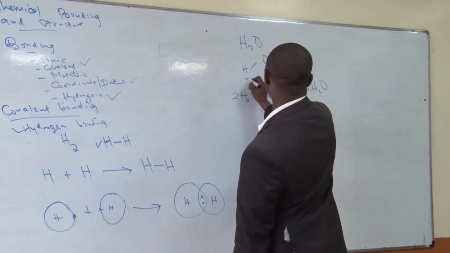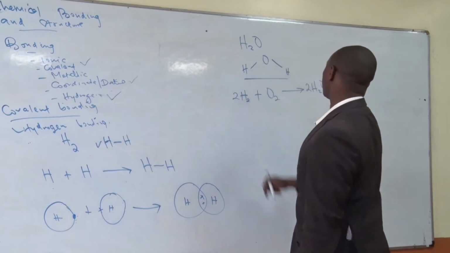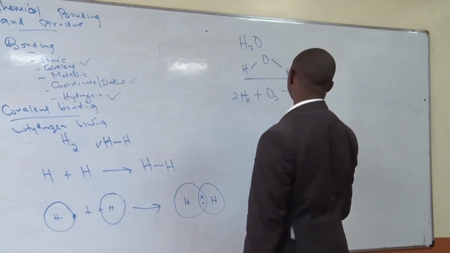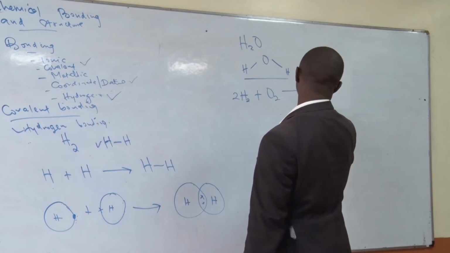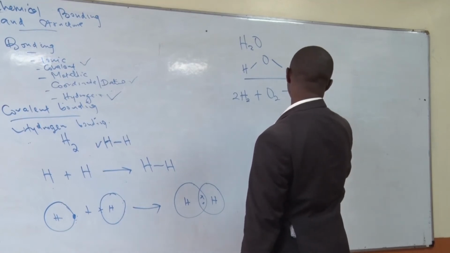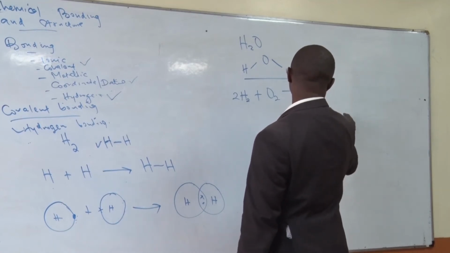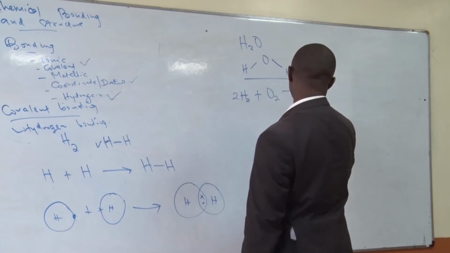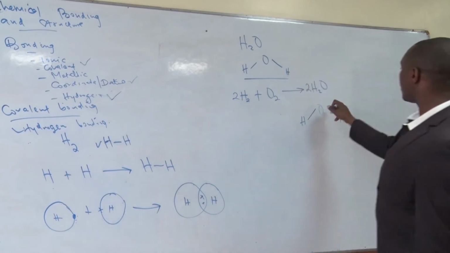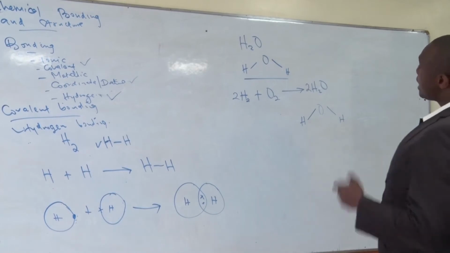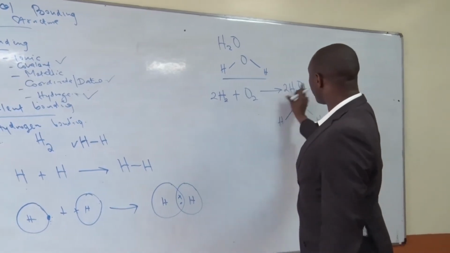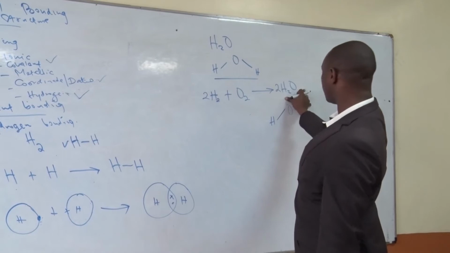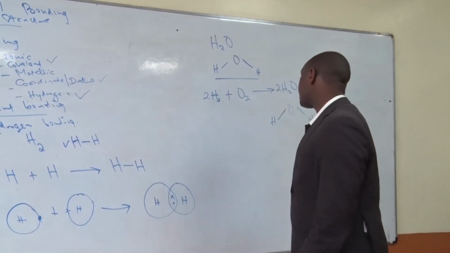But remember, the bond we are forming is this. So we are going to have oxygen sharing electron with hydrogen in that way. That is the kind of bond going to be formed when we add the molecules together, the one for hydrogen and the one for oxygen.